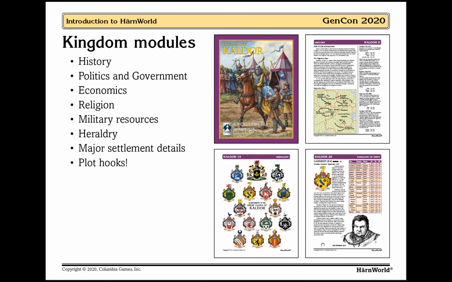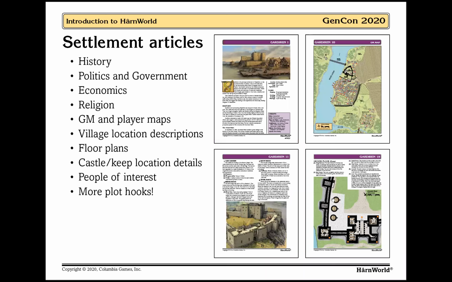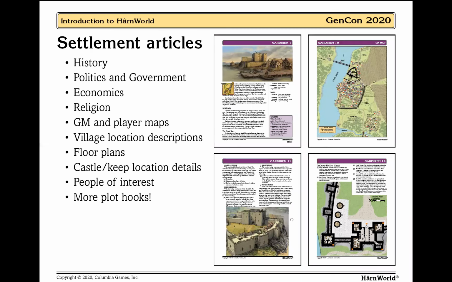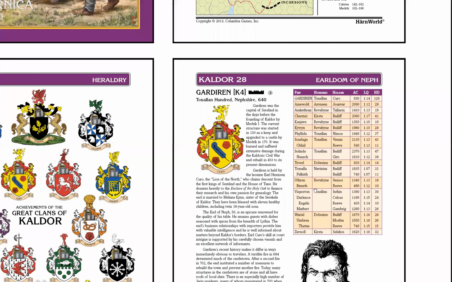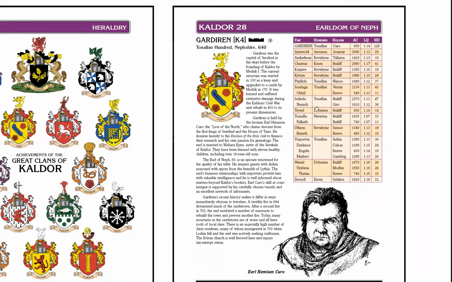In the examples here, each of the major settlements in the kingdom has a page that explains it. This is the castle of Gardirin. This lists all of the lands that the Earl of Neff, who is based at Gardirin, controls.